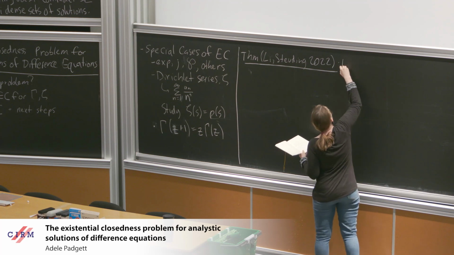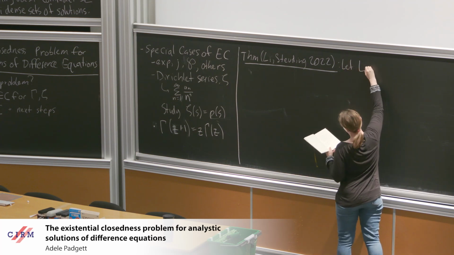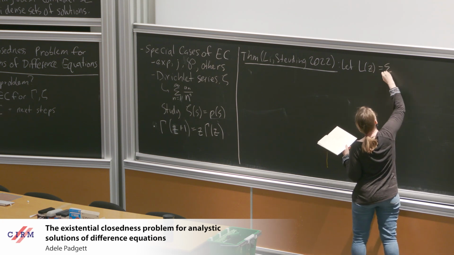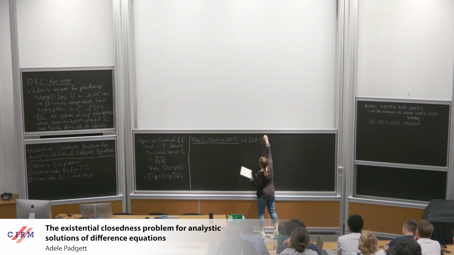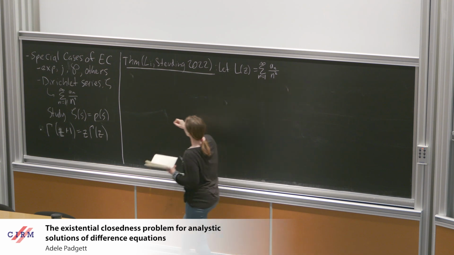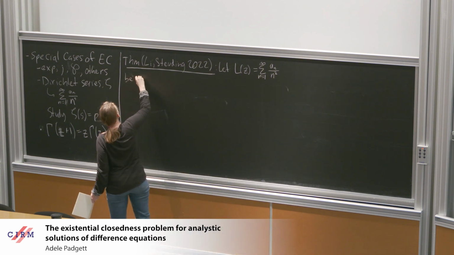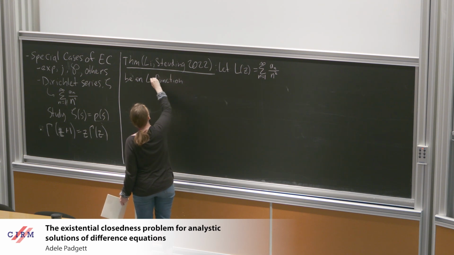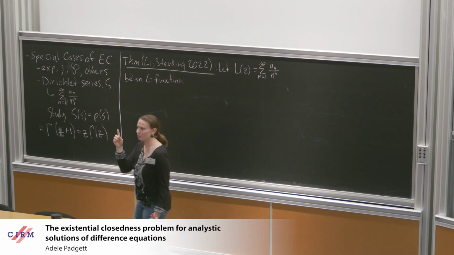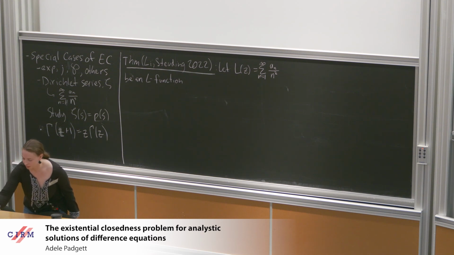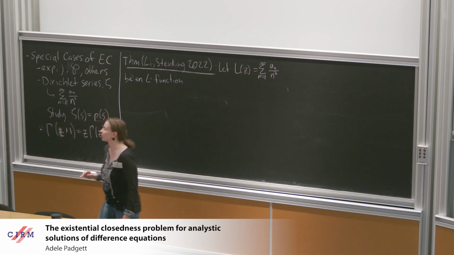So if you have a sum from n equals 1 to infinity, an L function like this. And I'm saying L function just to make sure that you have something that's meromorphic in the whole complex plane, a Dirichlet series that extends to be meromorphic.